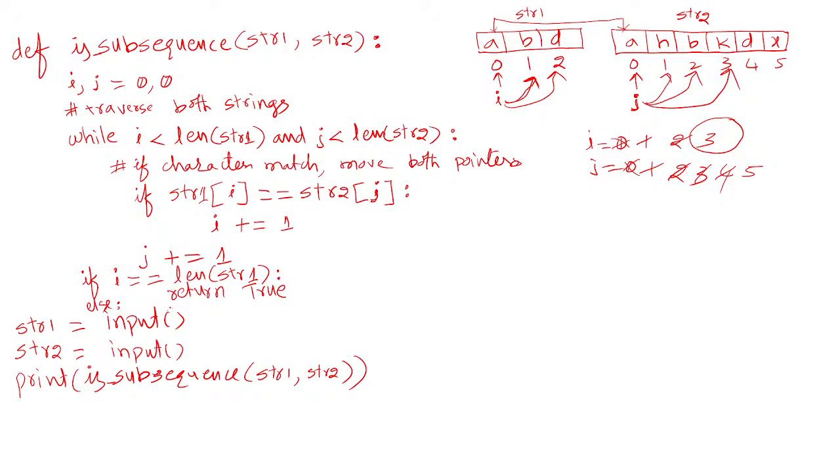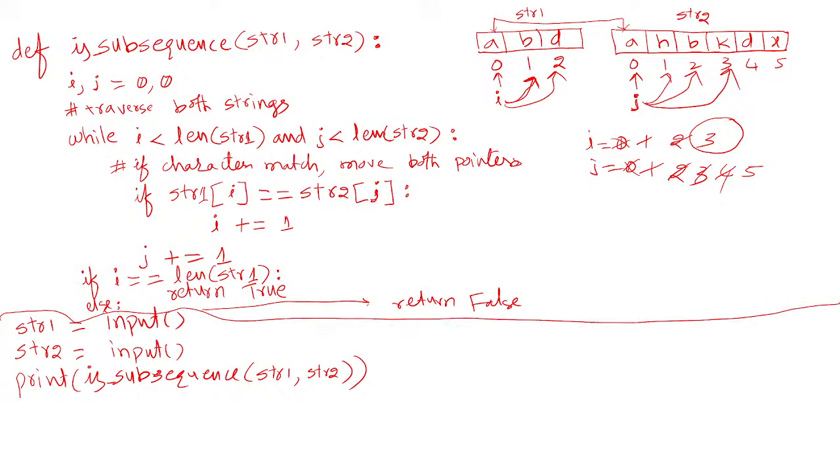I am writing this statement here: return false. That's it. This is your function, and this is your main code. Got it? So this is how we decide.